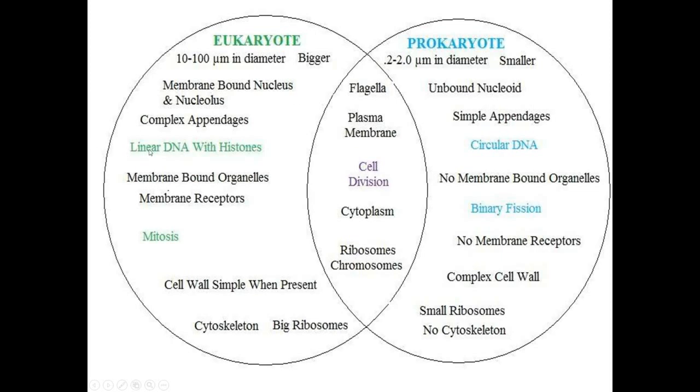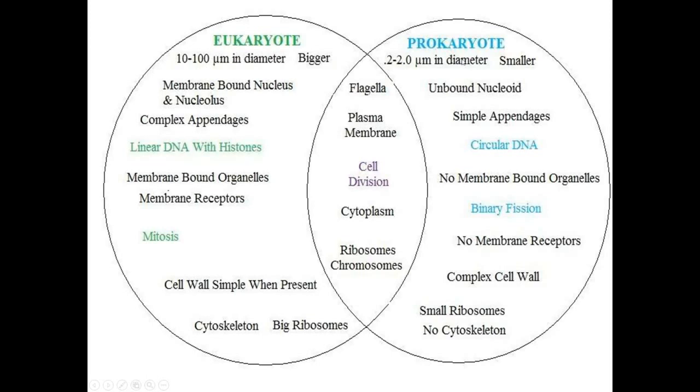Eukaryotes have linear pieces of DNA, think of straws in a box, whereas prokaryotes have circular pieces of DNA, think of like a rubber band, right? So that's why they're put there. They all have ribosomes, right? And then they don't all, but they can have this structure here. So we'll talk more about what that is later.